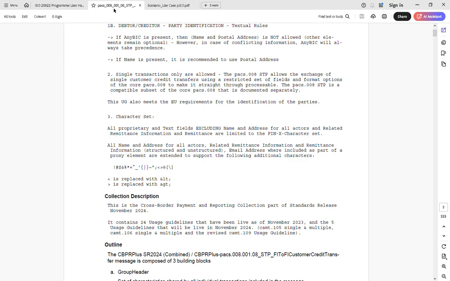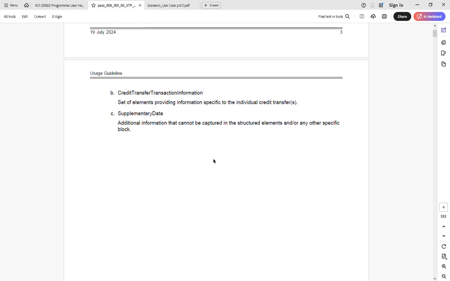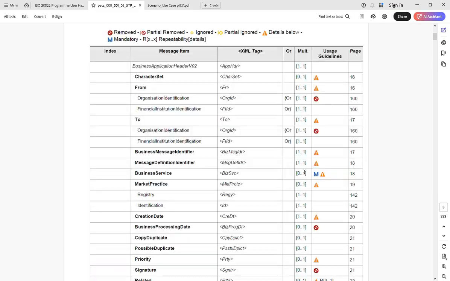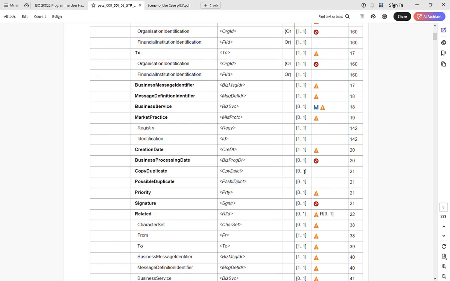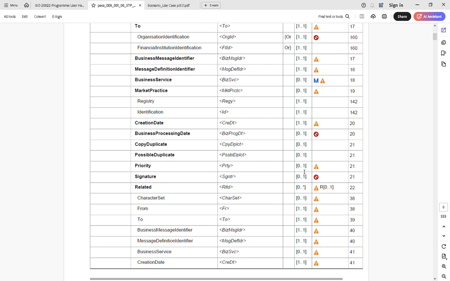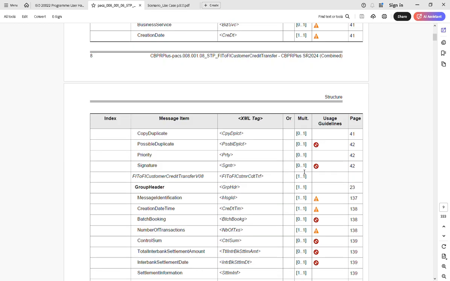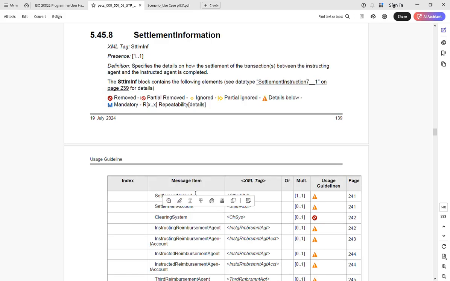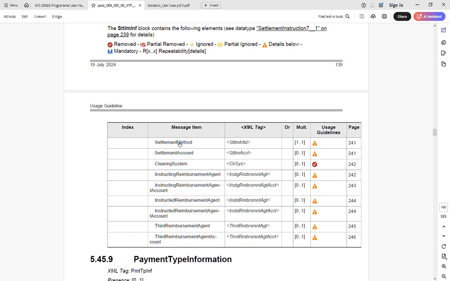Let me show you here as well. Settlement method, settlement information. It is your settlement information here in your group header, and inside that we have settlement method, settlement account, clearing account.